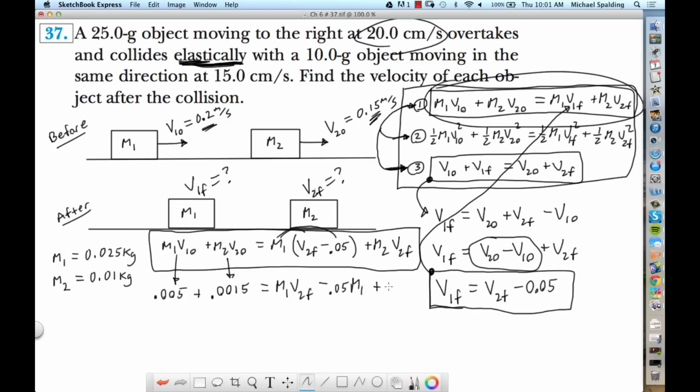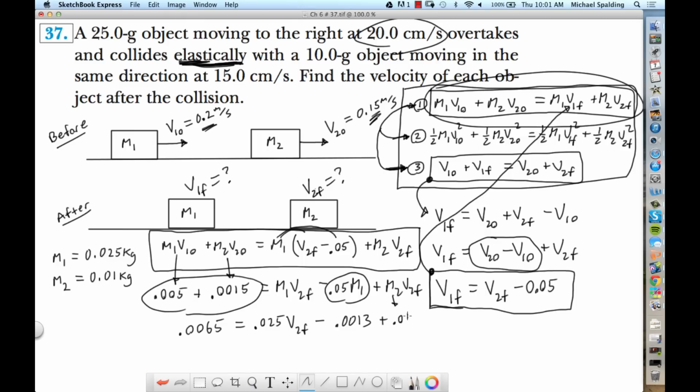Plus M2 V2 final. Okay, so add those together. That's going to shorten this up. 0.0065 equals now M1, so this is going to be 0.025 V2 final minus this guy right here, which is 0.0013, and then plus M2, that's 0.01 V2 final.